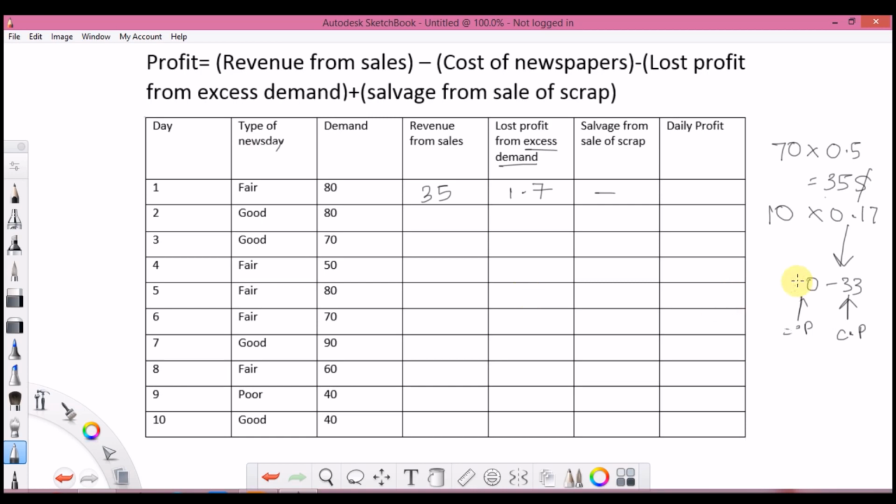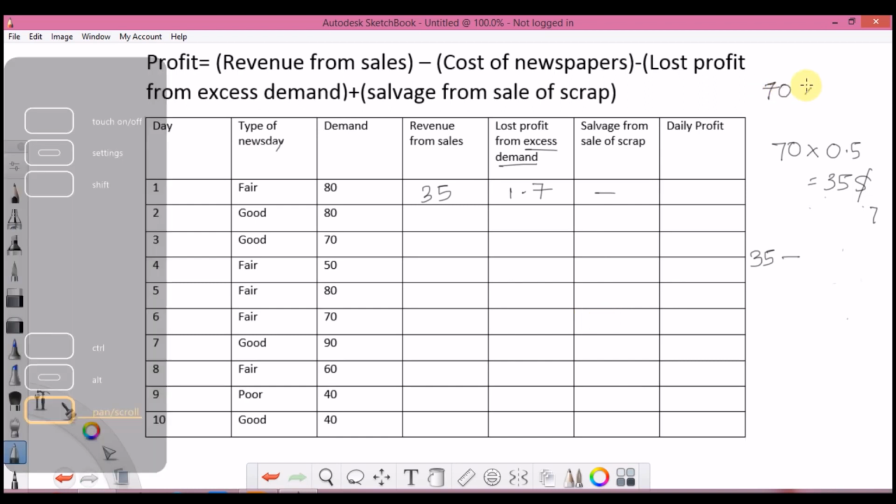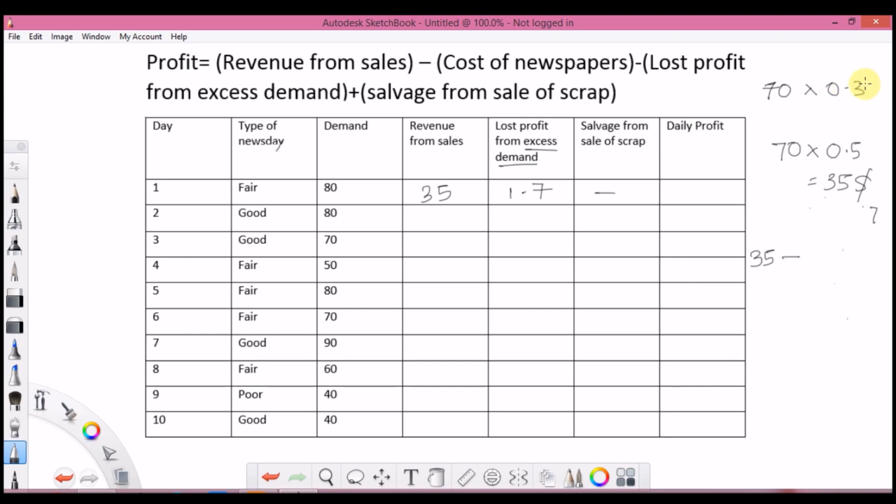Now calculating the daily profit. I'll just erase this. Now we have to apply the formula. The first term is revenue from sales, which is 35, minus the cost of newspaper. The cost of newspaper would be 70 into 0.33, where 0.33 is the cost price at which I get the newspaper.